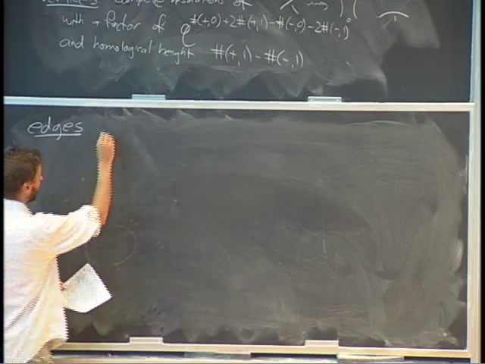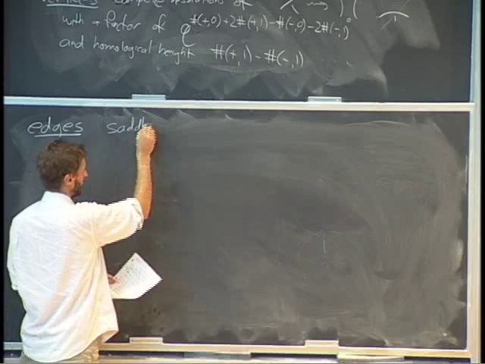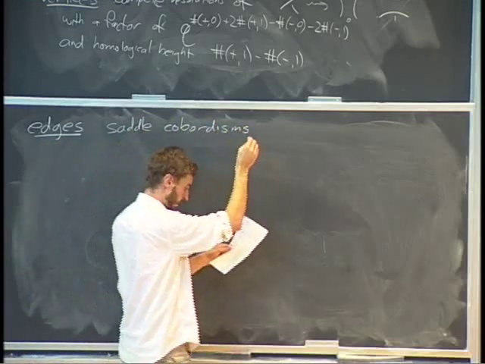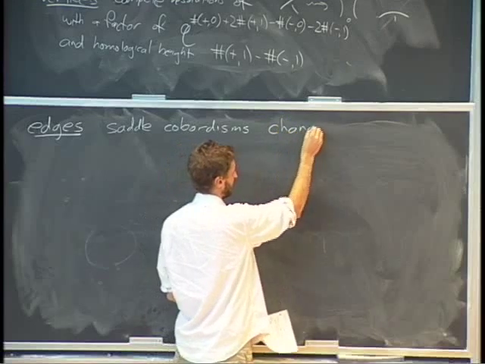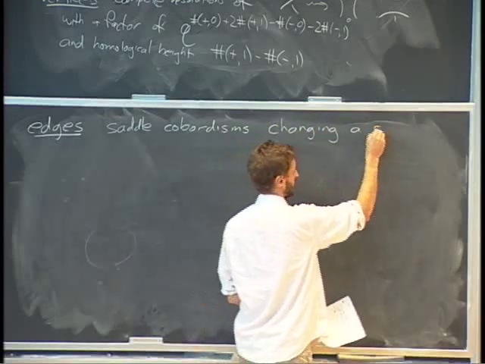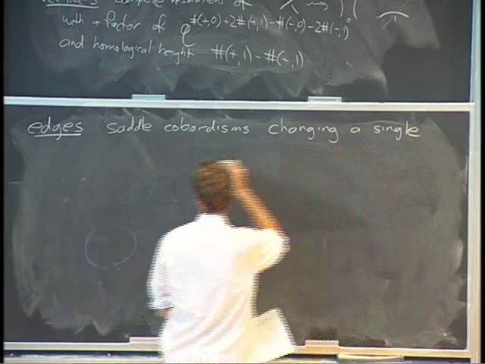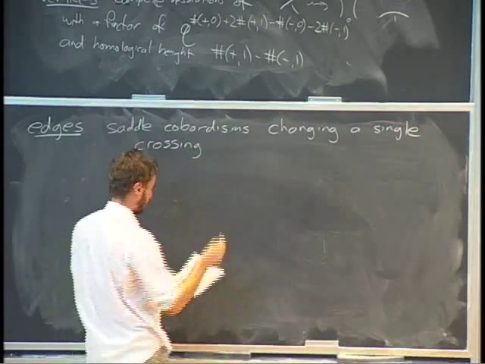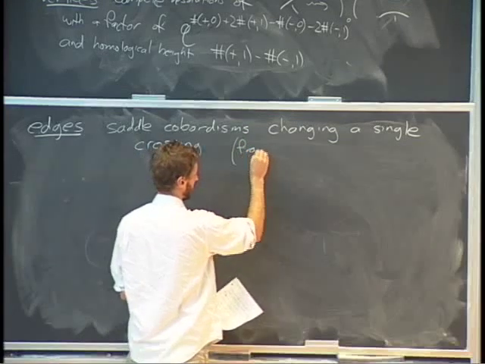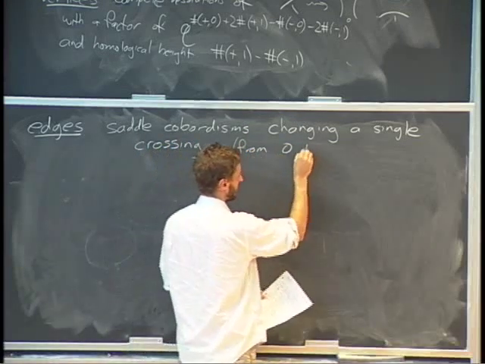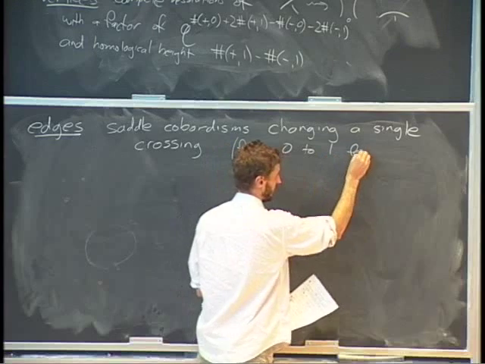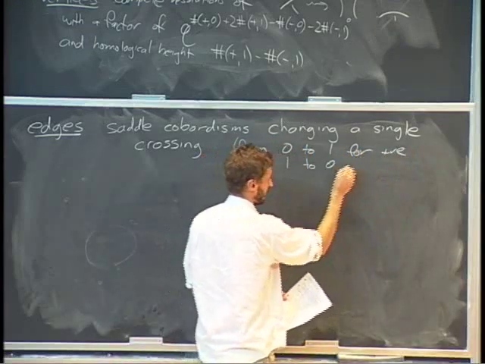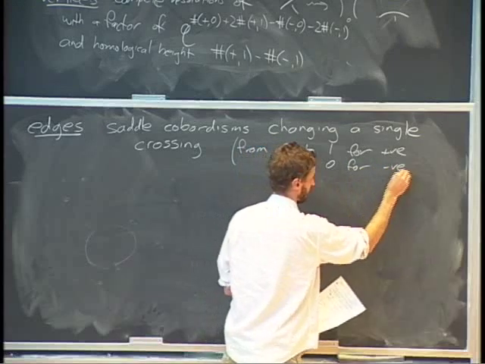So the edges are just saddle cobordisms changing a single crossing. And these are directed edges. So they go from the 0 resolution to the 1 resolution for positive crossings of the knot, and from 1 resolutions to 0 resolutions for negative crossings of the knot.